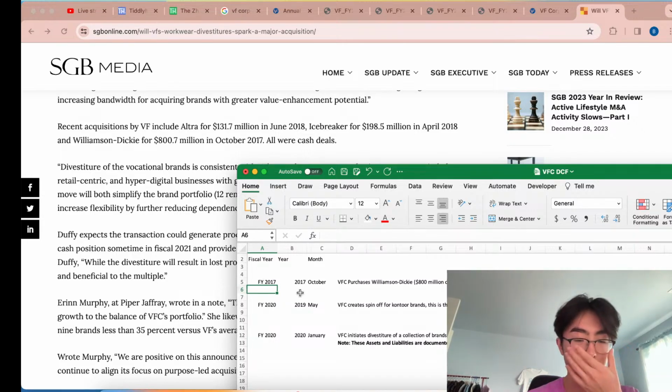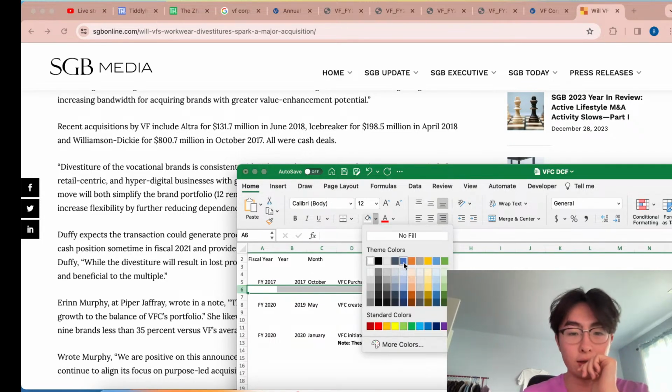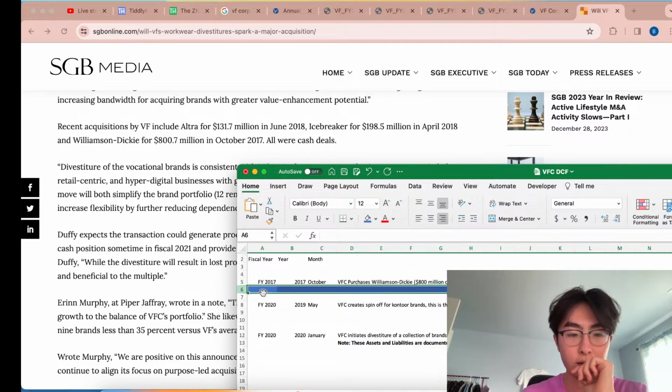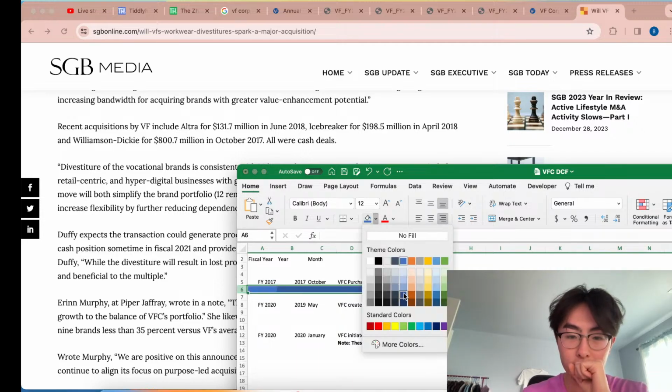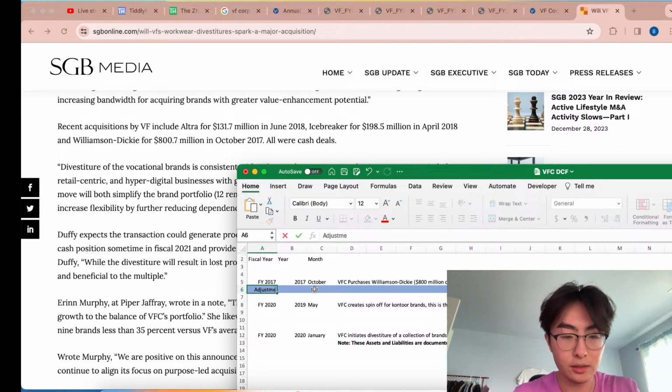After fiscal year 2023, so maybe we can add a little blue line. Adjustments made to reporting.